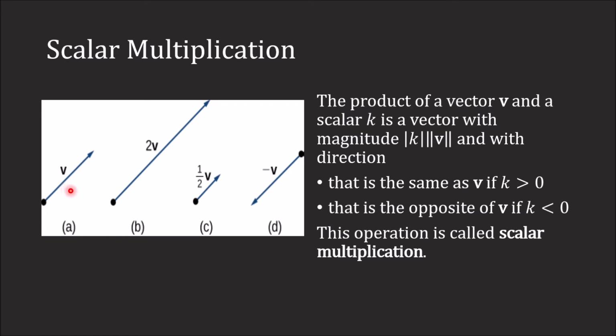Now if we multiply v by a half, again, 1/2 is positive, the direction won't change, but the magnitude will be halved. Multiplying v by -1 is not going to change the magnitude, but since -1 is obviously negative, the direction flips. So it has the same magnitude, but now opposite direction.